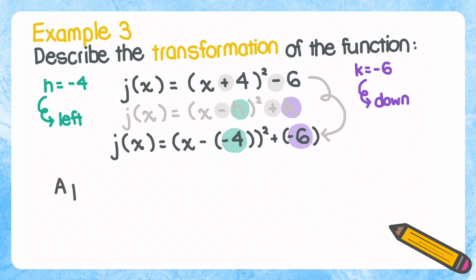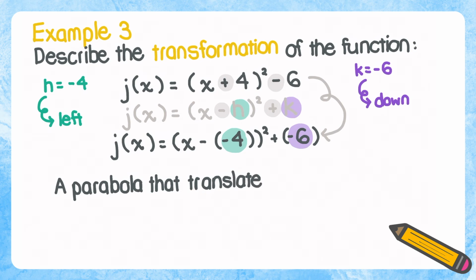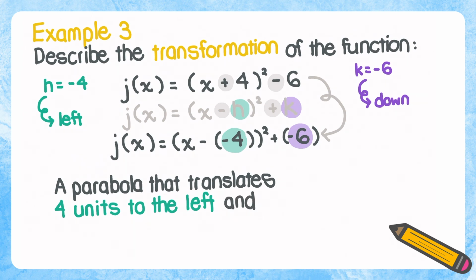We have a parabola that will translate into two directions. So a parabola that translates 4 units to the left and 6 units down.